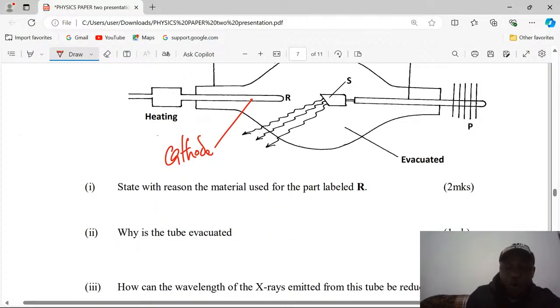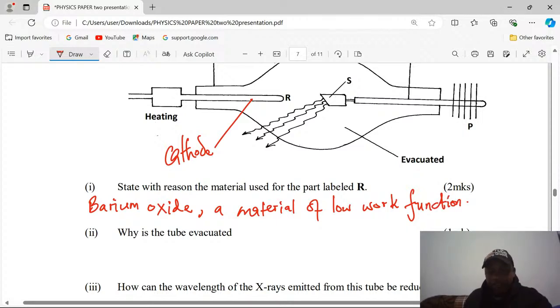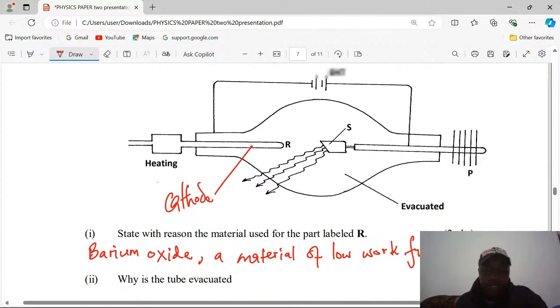And so we use metal oxides like barium oxide, strontium. A material of low work function. Therefore, it must be a material of low work function to ensure that slight heating causes the thermionic emission.